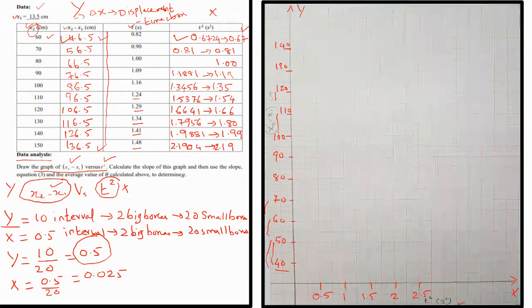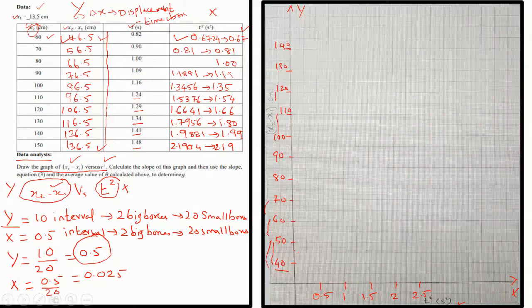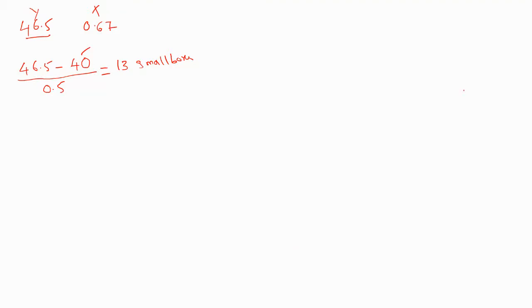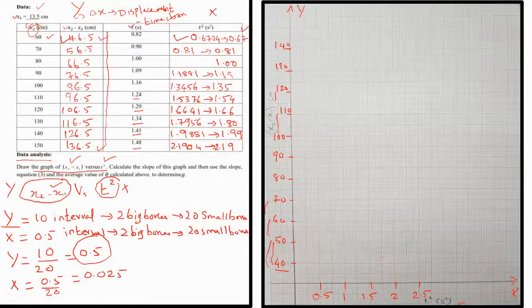So this location is 46.5, but we have to know for the x-axis also. What is our x-axis, brother? 0.67. For the x-axis calculation, we have to fix this 0.67. So 0.67 minus, if you just see the graph, our x-axis 0.67 is between these two. Am I right? Yes.